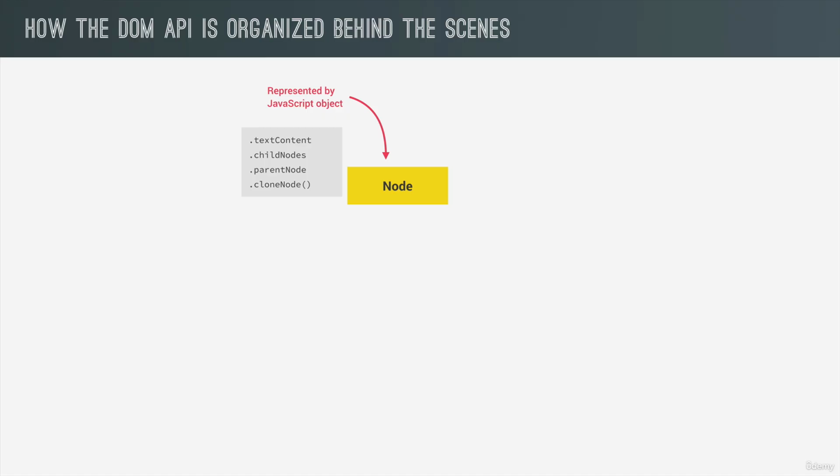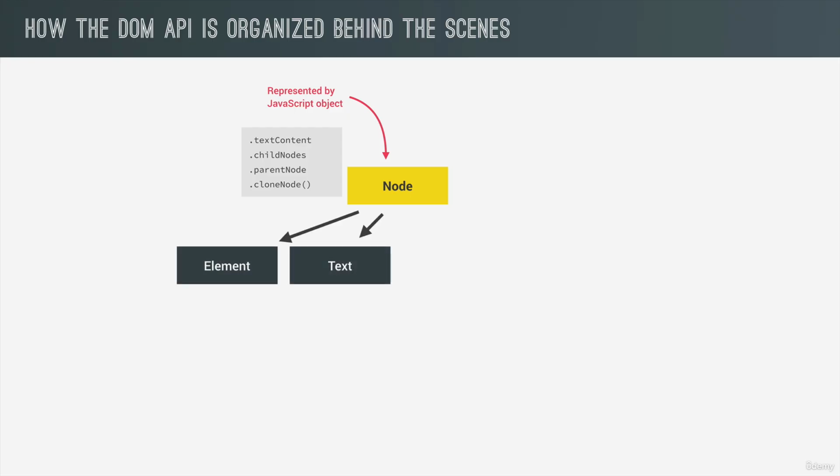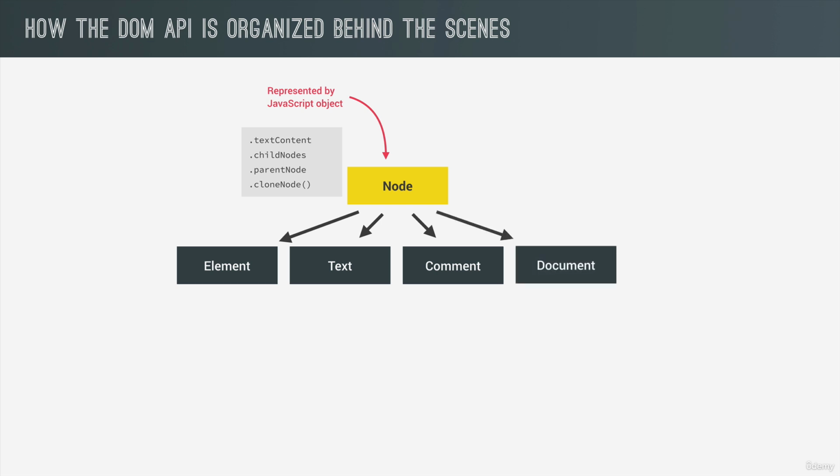Now, we already know that there are different types of nodes, right? So how should these be represented? Well, this node type has a couple of child types, so to say. And these are the element type, the text type, the comment type, and also the document type.